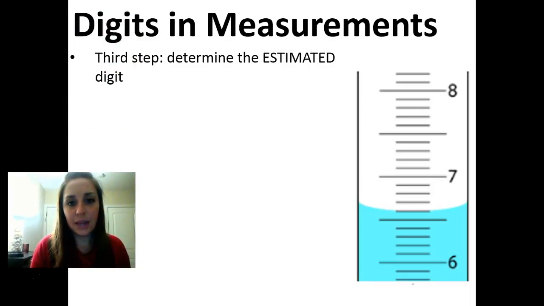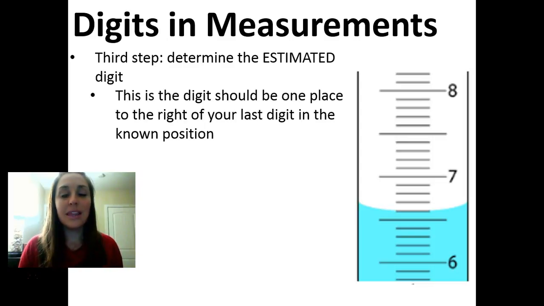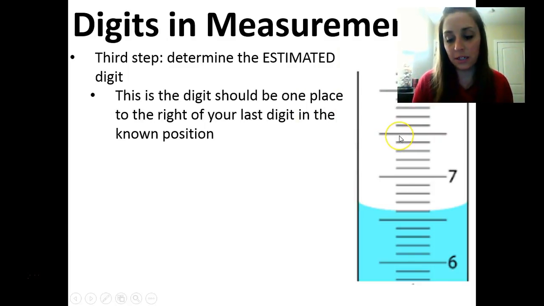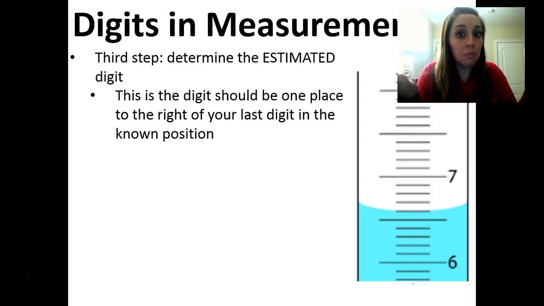The third step is to determine your estimated digit. We already determined our known digits for this are 6.6 milliliters. The estimated digit should be one place to the right of the last digit in your known position. Remember, I had 6.6, so you need 6.6 and something that you estimate.